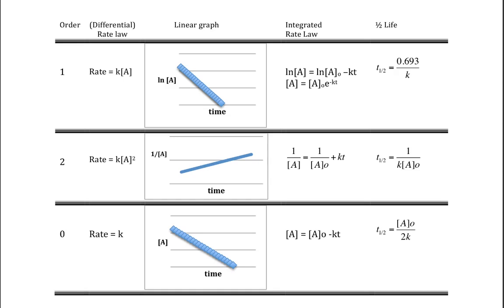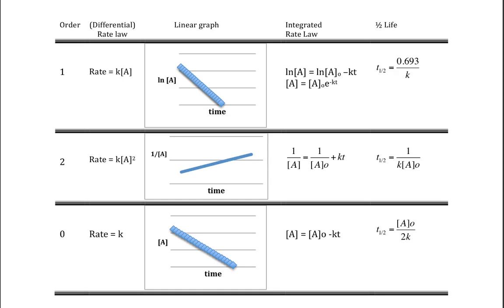For a second order reaction, the differential rate law is rate equals kA squared. And our integrated rate law is 1 over A equals 1 over A naught plus kt. So a graph of 1 over A versus time is linear with a slope of k.